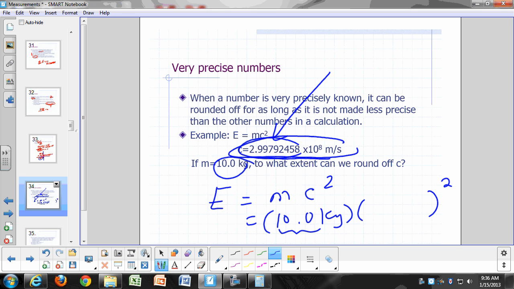So instead of 2.99792458, you can round to 4 sig figs. That's going to be 2.998 times 10 to the 8 meters per second.